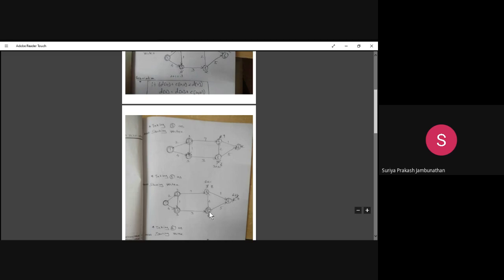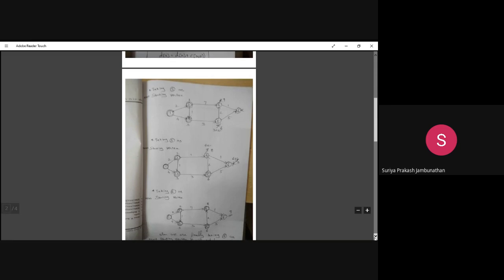Now we are moving to 4. From 4, we can check which node we can reach next. That is only 6. So we are considering the next starting node as 4. From 4, we can reach 6.